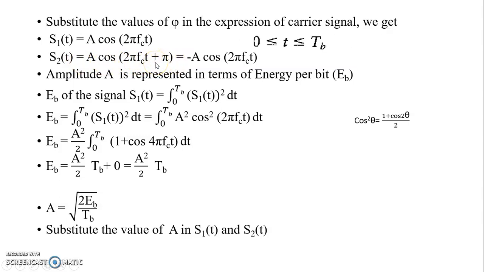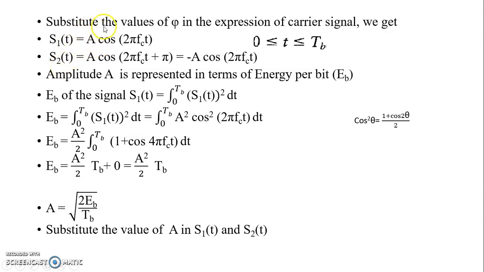So cos(theta plus 180) represents minus cos theta. So it can be represented as minus A cos(2 pi Fc t). Both these signals are over the interval 0 less than or equal to t less than or equal to tb, where tb represents the bit duration. Here S1 is for transmitting the symbol 1 and S2 for transmitting the symbol 0.